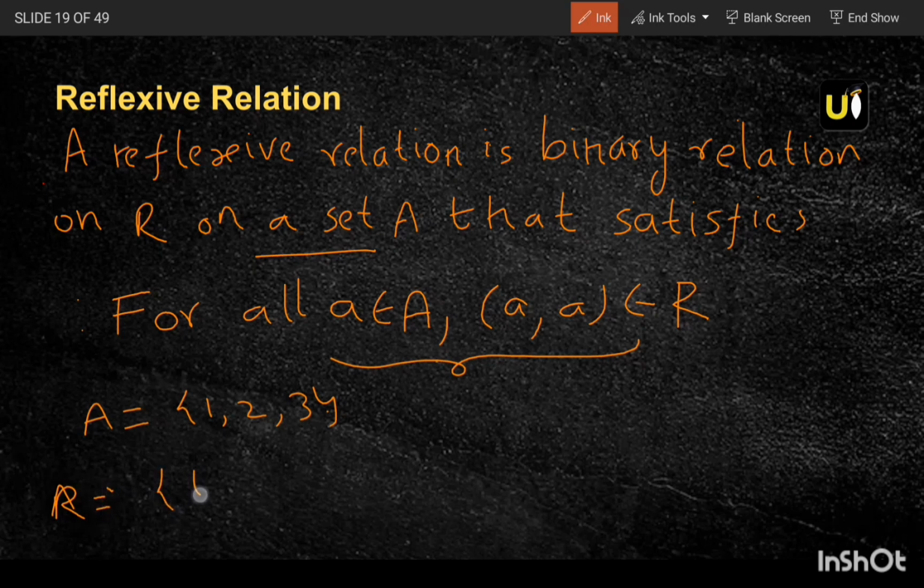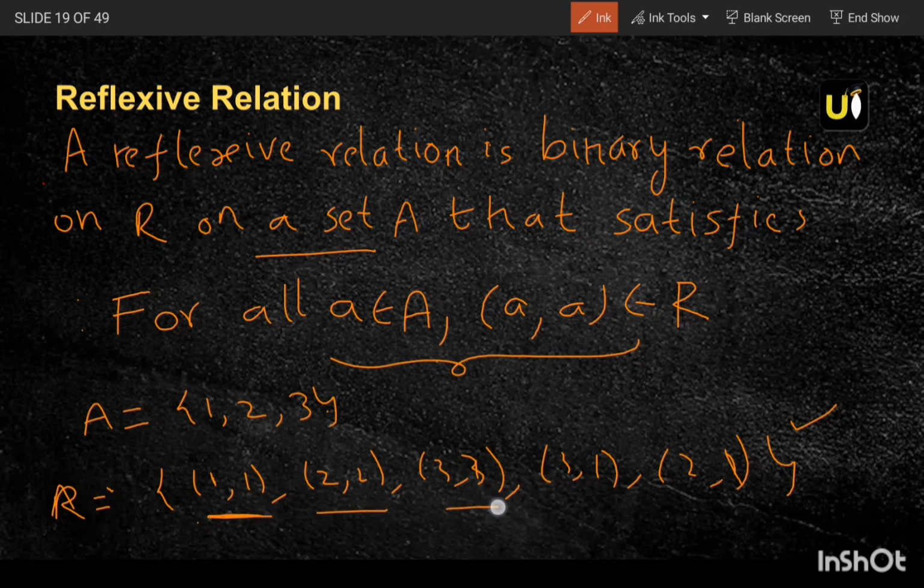A is related to A. So the relation is 1, 1, 2, 2, 3, 3, 3, 1, 2, 1. Now this relation is a reflexive relation because it has 1, 1, 2, 2, 3, 3. All the elements in A are mapped to themselves.